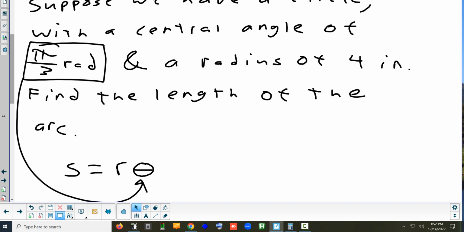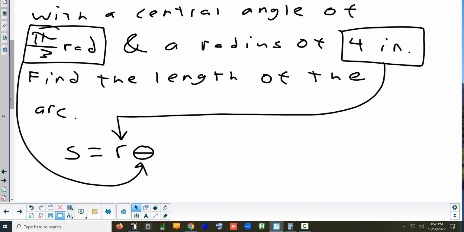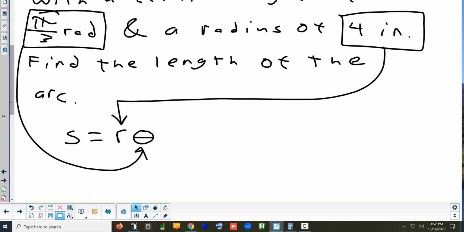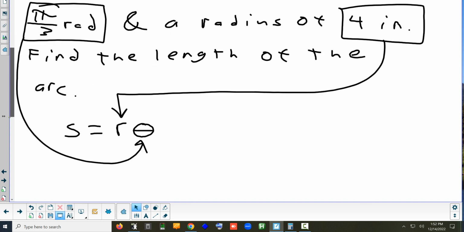Okay, what about this? What's the 4 inches? That's my radius. So we'll put that there. And Grady, what does S stand for? Arc length. That's my arc length, and that's the whole question. We don't know it. So find the arc length.